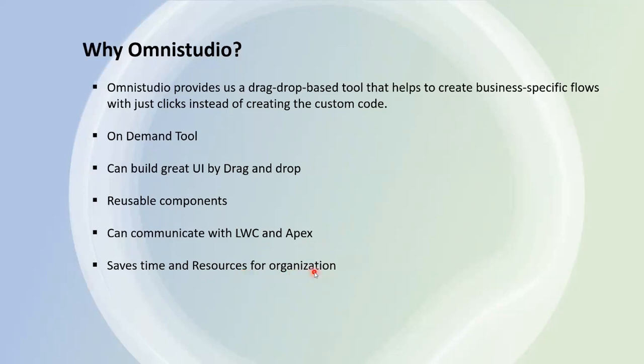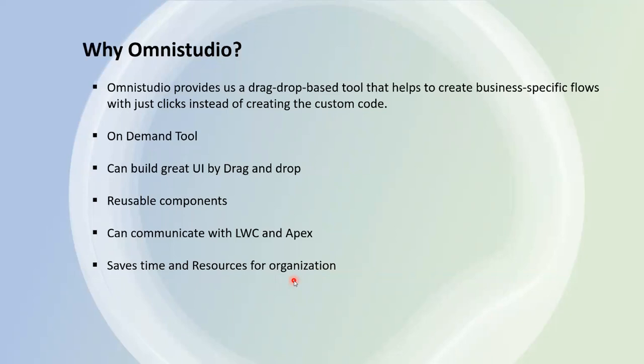This is also very important. Companies always try to save time so that they can go live faster. They can go to production faster. And resources of the organization. Let's say if you want to build a multi-screen application form, let's take a basic example, having 5 to 10 screens, where the user needs to enter his details in the first screen, educational details in the second screen, some other details in the third screen, some background details in the fourth screen.